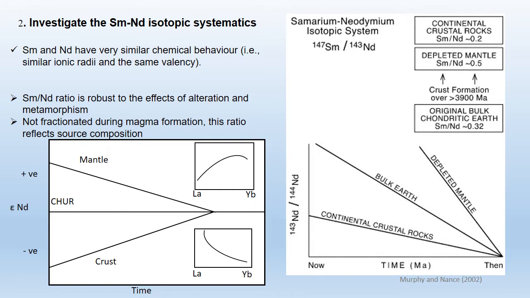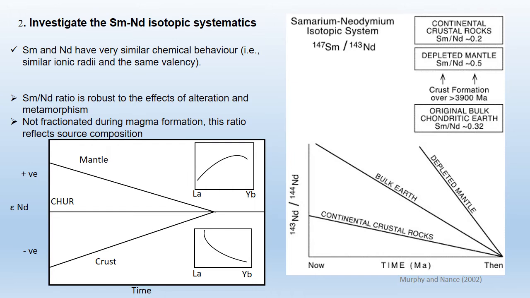neodymium isotopes. As the Earth started to differentiate, the continental crust has a low samarium/neodymium ratio, and the depleted mantle has a higher samarium/neodymium ratio than the continental crust. The continental crust is mainly enriched in light rare earth elements, but the mantle is depleted in light rare earth elements. On the left-hand side we see the figure for neodymium isotopes, mainly expressed as epsilon neodymium.